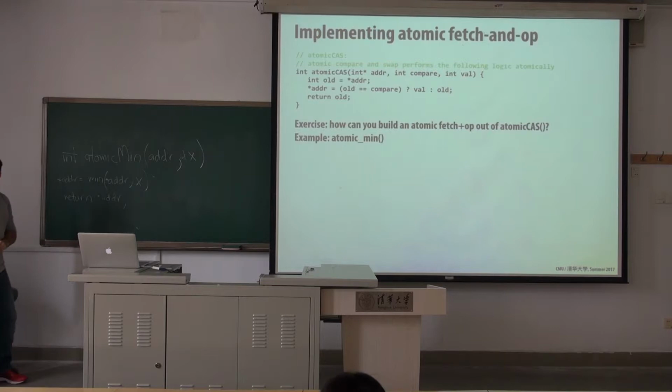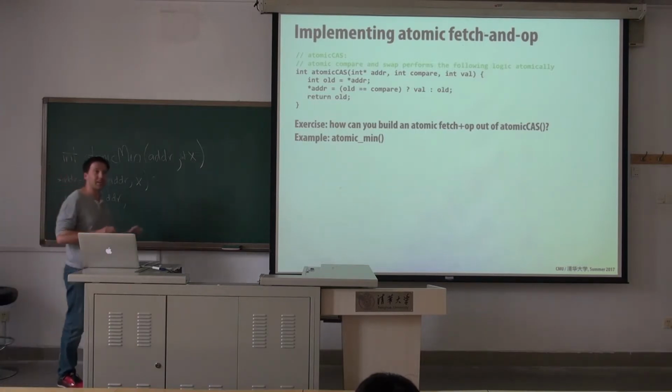So it needs to look like that. Because I want you to compute the minimum of what is in adder and the argument x, and make sure that the minimum is stored in memory, atomically. And remember, if it's not atomic, you could have a problem.